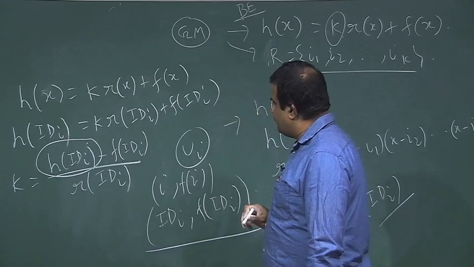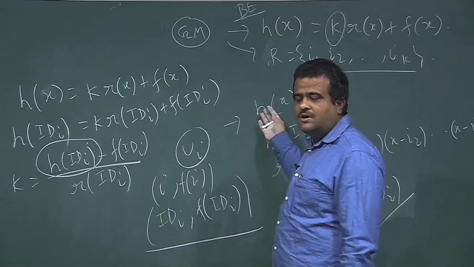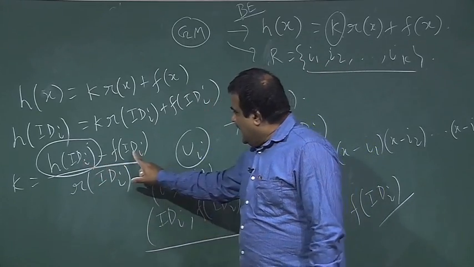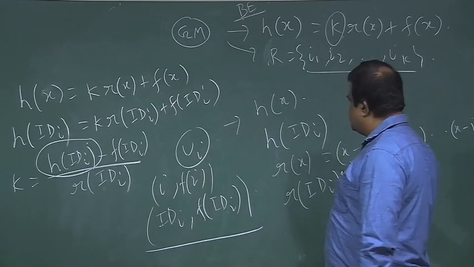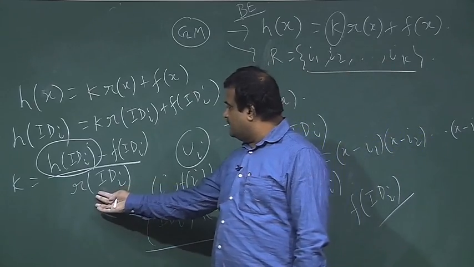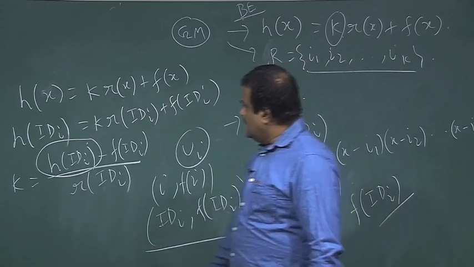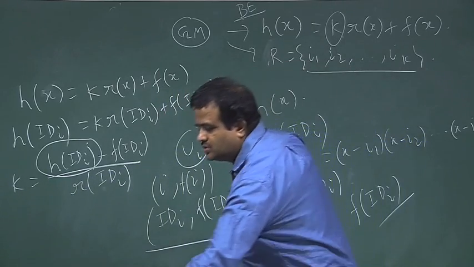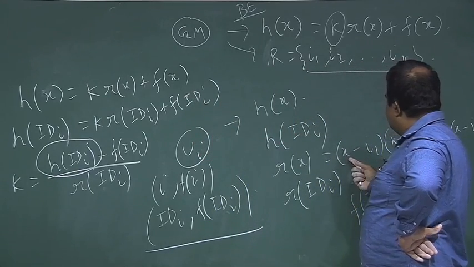This value the user computes, because this polynomial is broadcasted by the group manager. This value it is already having, and this value can also be computed by the user, because his ID does not belong to the revoke list. So by doing this calculation, the user can get the session key k. But the problem is the revoked users, because a revoked user will try to put their own ID over here.